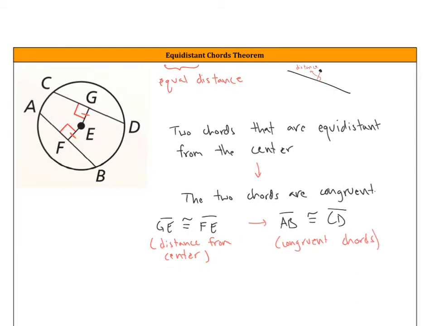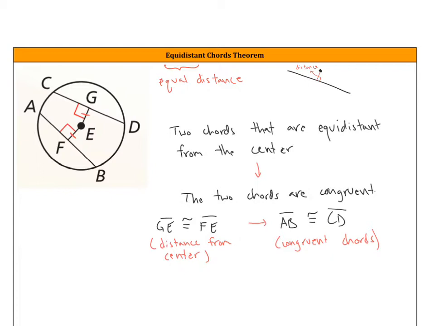Okay. So, again, if the distance from the center, which is represented by these two line segments here, are equal or congruent, then the chords themselves are going to be congruent as well.